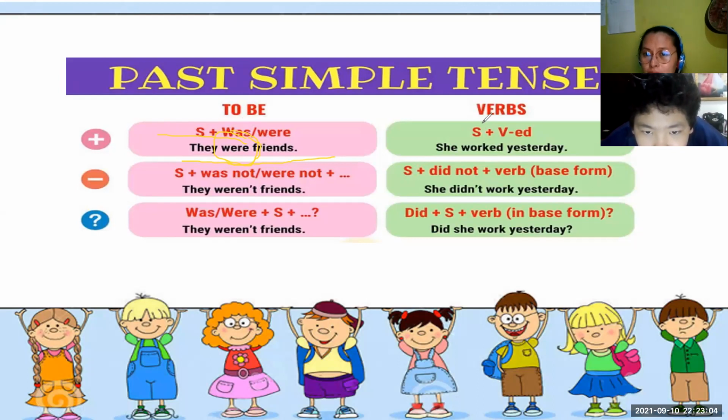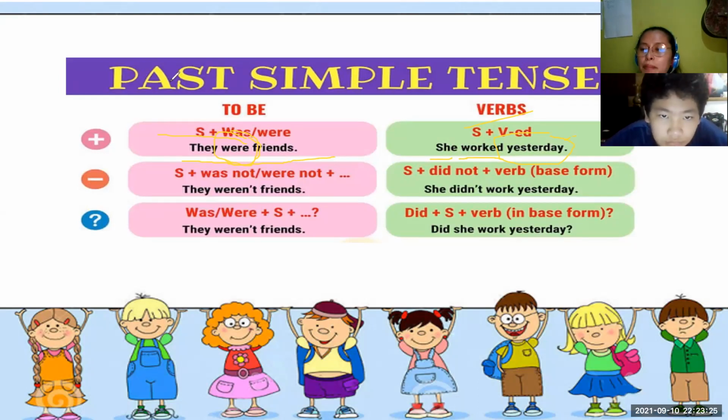For the verbs, like she worked yesterday, you know what yesterday is? Is it done or not yet done? Yesterday, so it is already done. It is already in the past tense. The action is done.